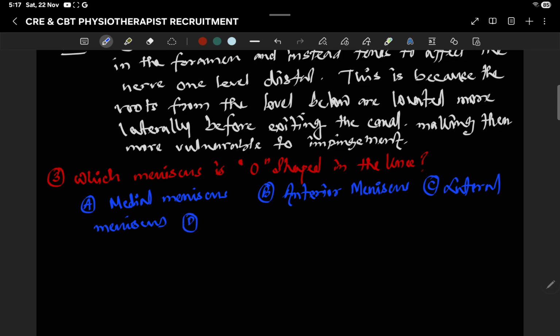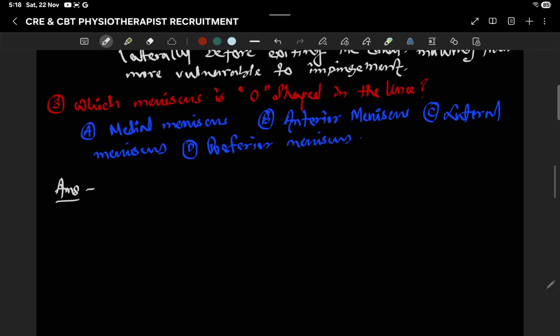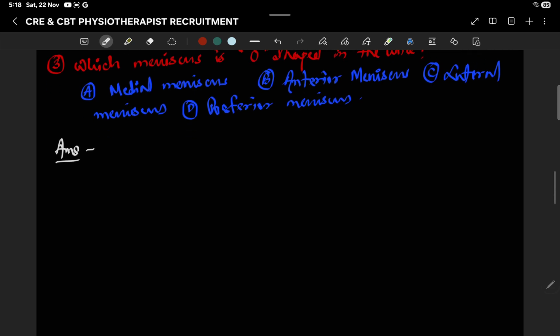And number D, posterior meniscus. The answer is option C, the lateral meniscus.